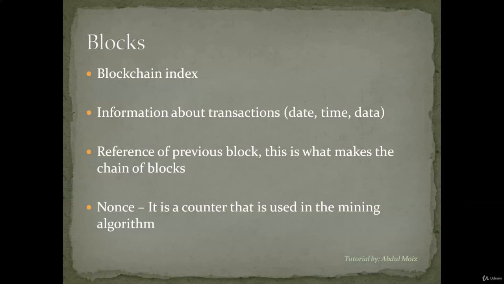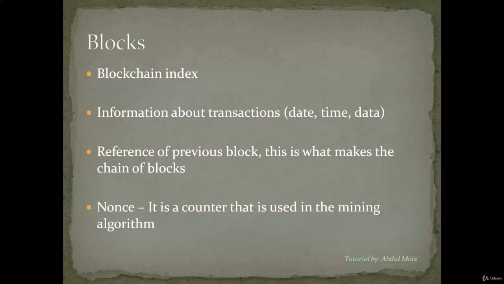Secondly, information about transactions like date, time, data, etc. Then who is participating in transactions, and block information to distinguish blocks from one another. It also includes the hash value for the block and the index value, of course.